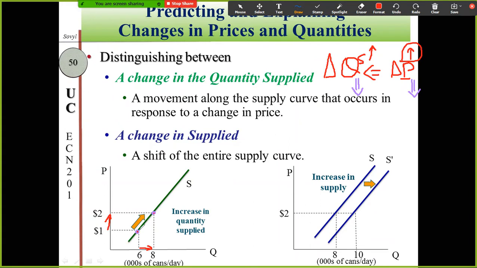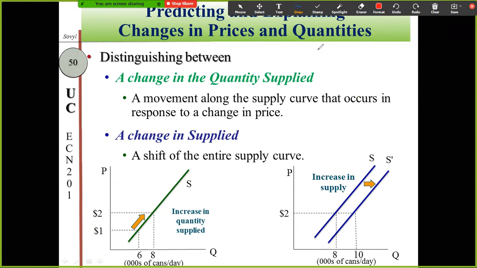So the point of production moves along the same supply curve, from point to point on the same curve. That's why it is a movement along the supply curve, a change in quantity supplied.